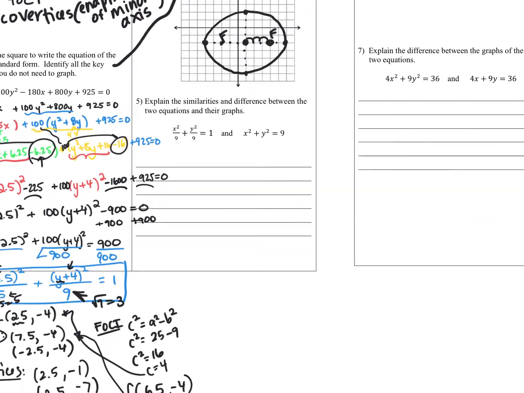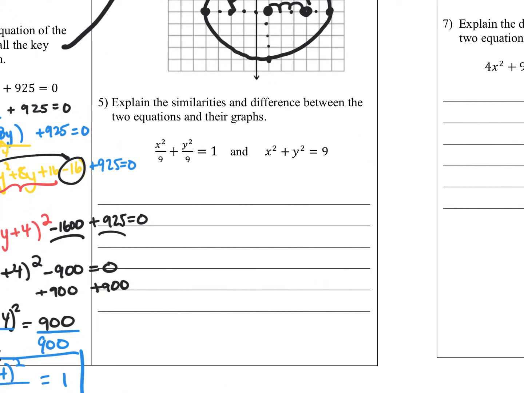All right, for number 5, explain the differences between the two equations and their graphs. Let's see, the difference is this is equal to 1, and that's equal to 9. Well, they're both centered at 0, 0, because there's no numbers being added or subtracted. And really they're equivalent to each other, because if I divide by 9 on both sides, then I would get my 1.